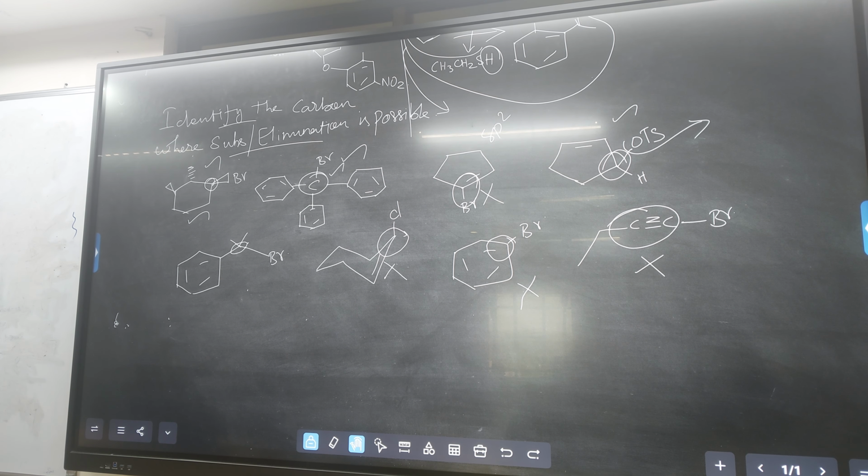A tertiary carbon, you know that, follows the SN1 mechanism. So formation of carbocation is the first step, then the nucleophile approaches in the second step. Do you remember?